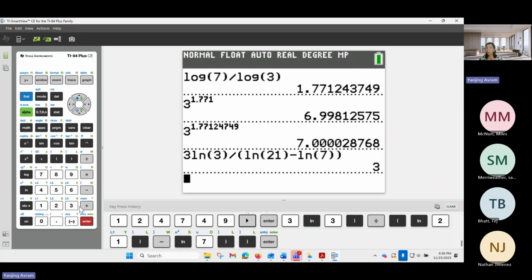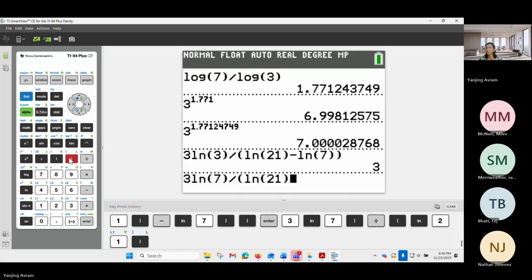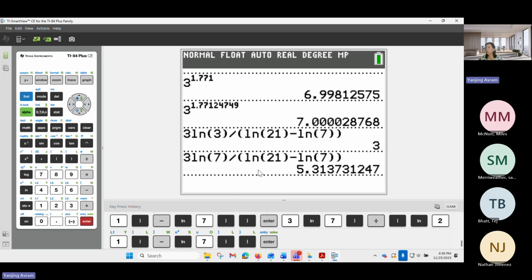All right, so that's 3 ln of 7, divided by ln of 21 minus ln of 7. All right, so now that will be the correct answer. Round to 3 decimal points.